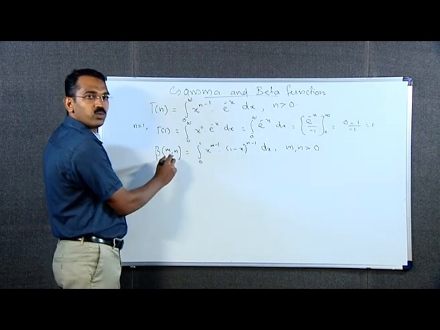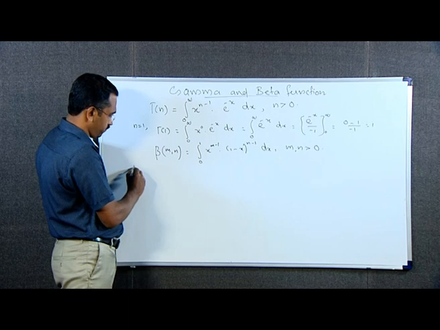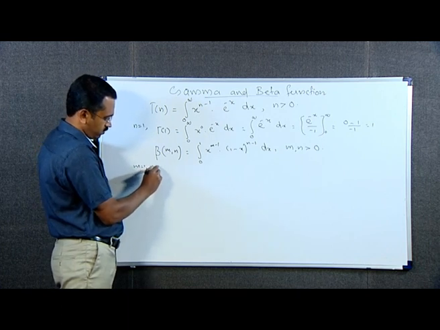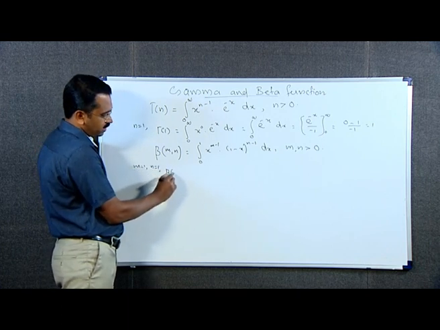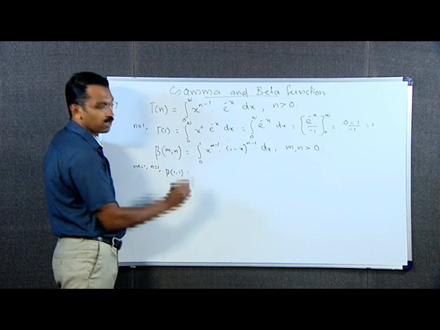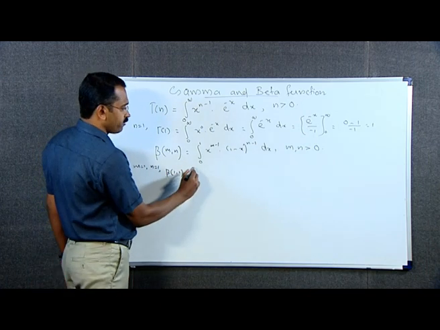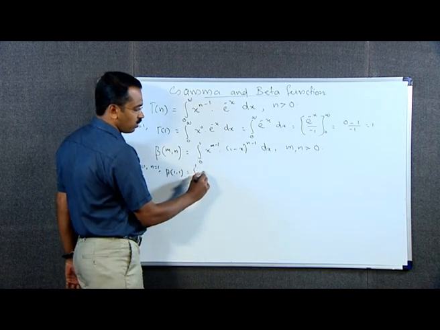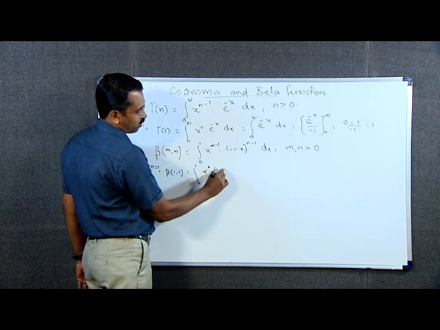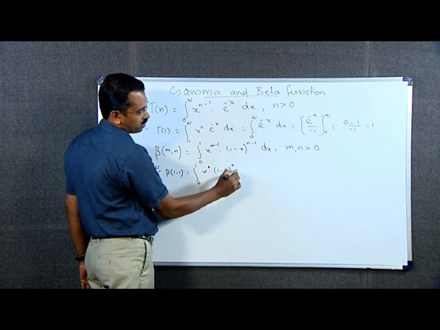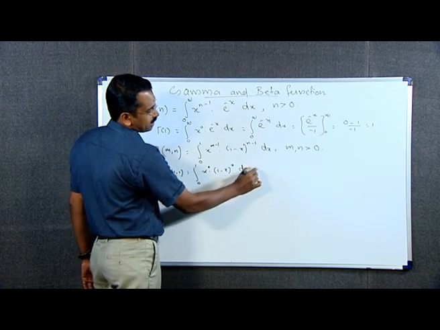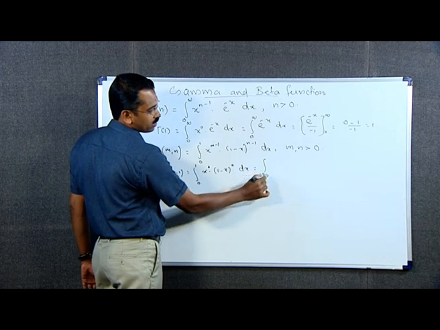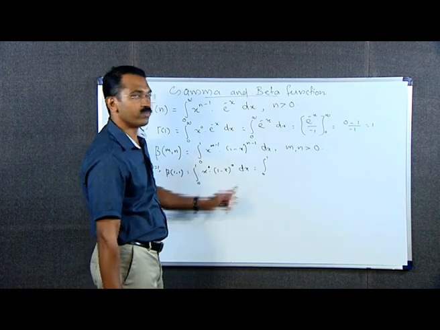For m equal to 1 and n equal to 1, beta 1 1 is equal to the integral from 0 to 1 of x raised to 0 into 1 minus x raised to, here also 0, dx, that is the integral from 0 to 1 of dx.